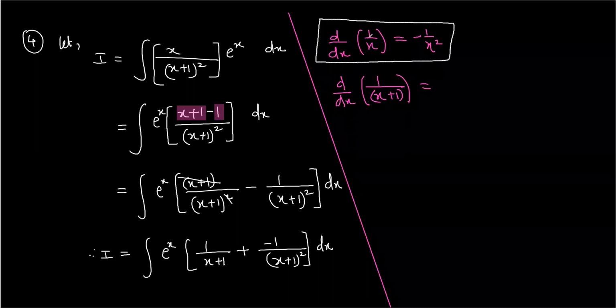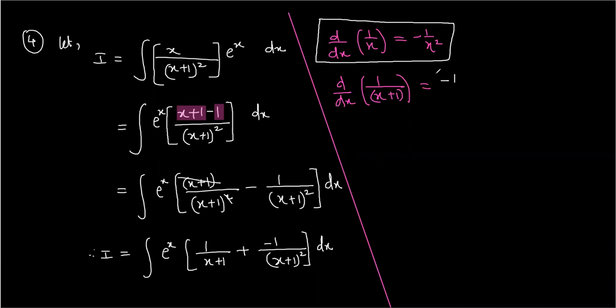Such a function we call d by dx of 1 upon x, and here we will call d by dx of 1 upon f of x. So the derivative of 1 upon f of x will be minus 1 upon f of x square into d by dx of f of x. So here I get minus 1 upon x plus 1 square into d by dx of x plus 1, which is 1 plus 0, which is 1. So finally d by dx of x plus 1 will be 1.